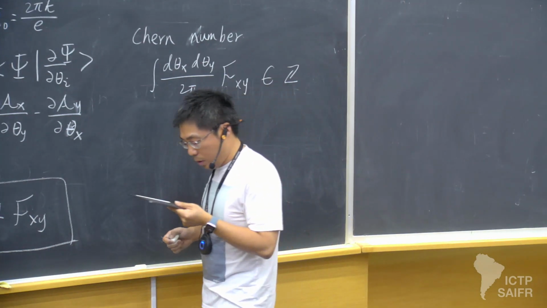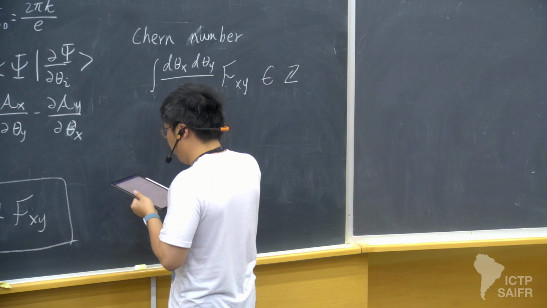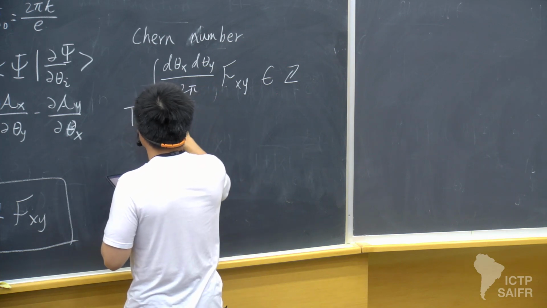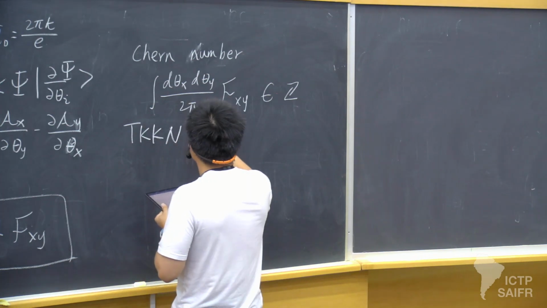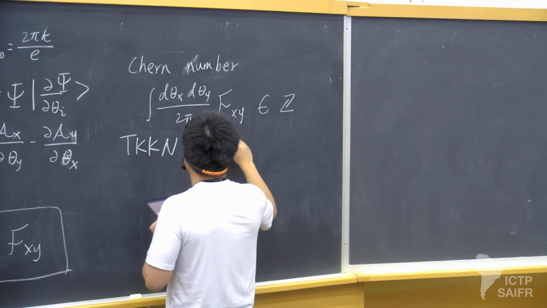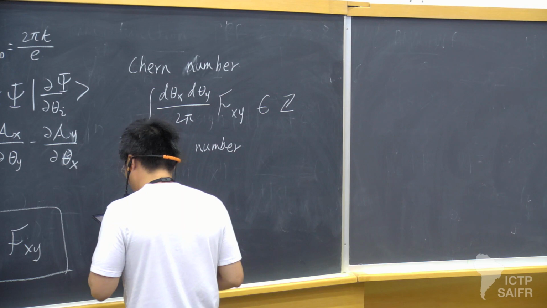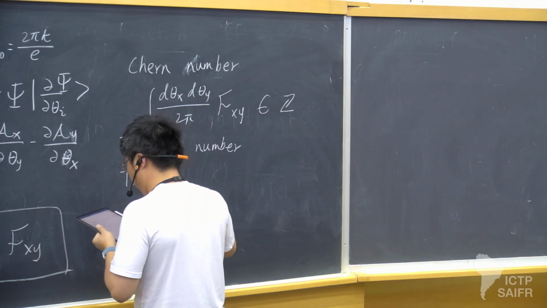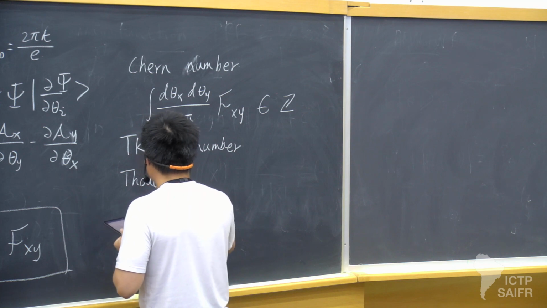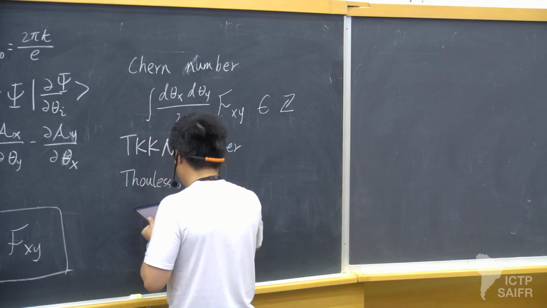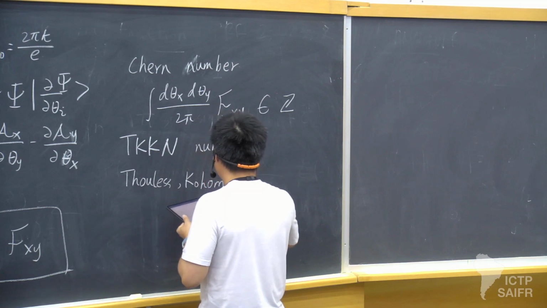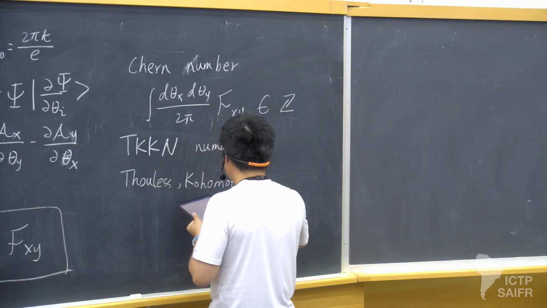Let me also point out that in the condensed matter literature, this is called the TKNN number, although initially it was discussed in a slightly different setup. It was discussed on the lattice instead of the continuum that we consider here.